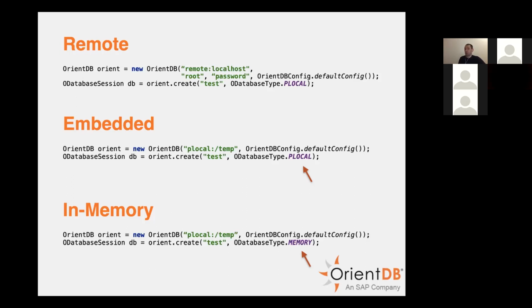You don't even want to run a database server because, I mean, it could be complex, when you just write a unit test, to have an OrientDB instance running. Now you can just switch to an in-memory connection. You start your database inside your Java process. You do your unit tests, and that's it.